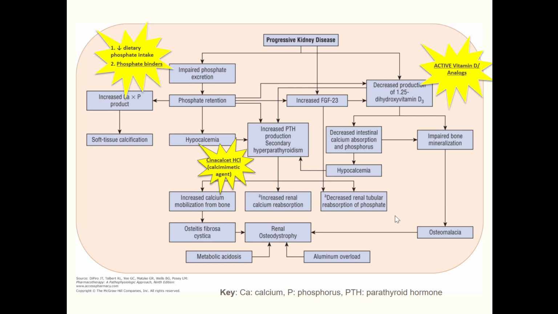High PTH levels can influence increased renal calcium reabsorption, increased calcium mobilization from the bone, and decreased renal tubular absorption of phosphate. Increased calcium mobilization from the bone will lead to the bone disease, as you can see on the bottom. The cinacalcet or calcimimetic agents are utilized to decrease PTH levels.